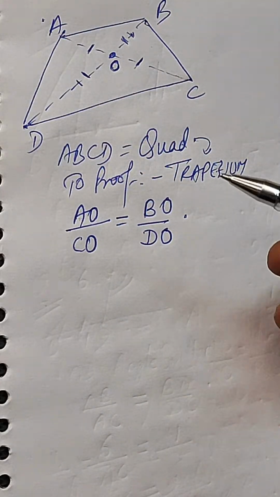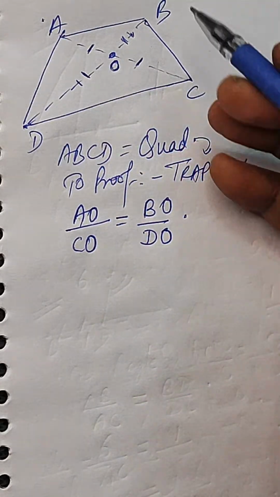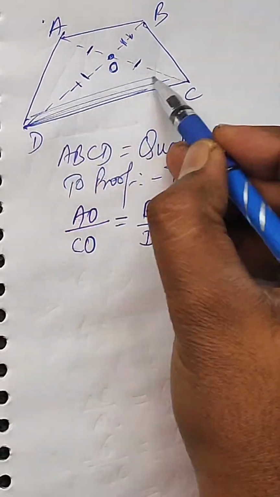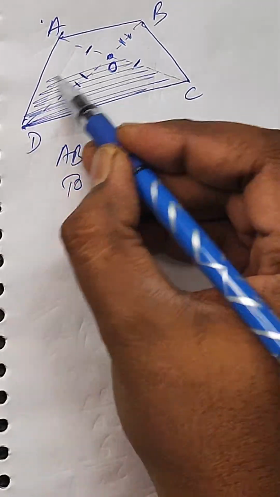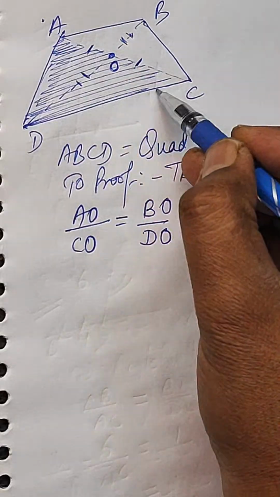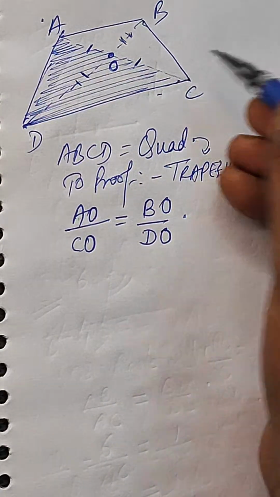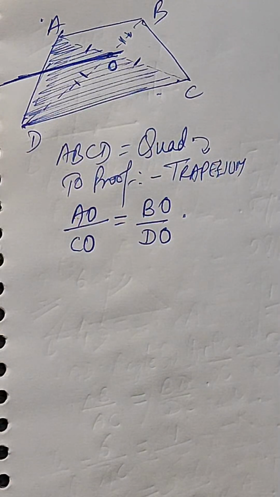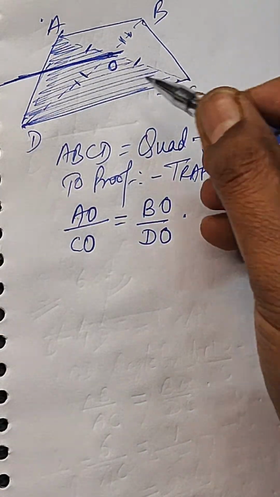My dear friends, in this question, simply take one of the triangles. Let us take this triangle, which is formed with one side and a diagonal as the edge. Then you can draw a parallel line from O.